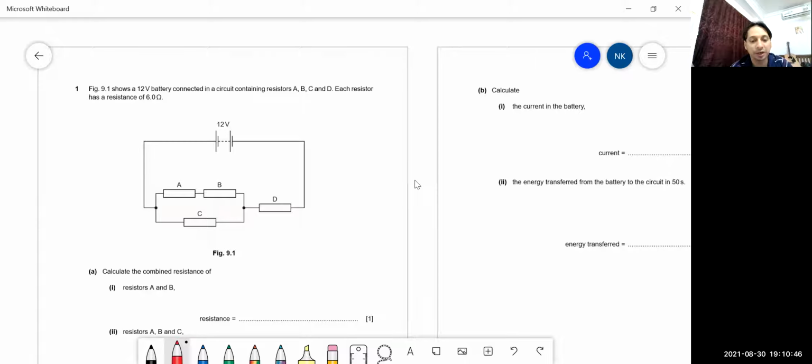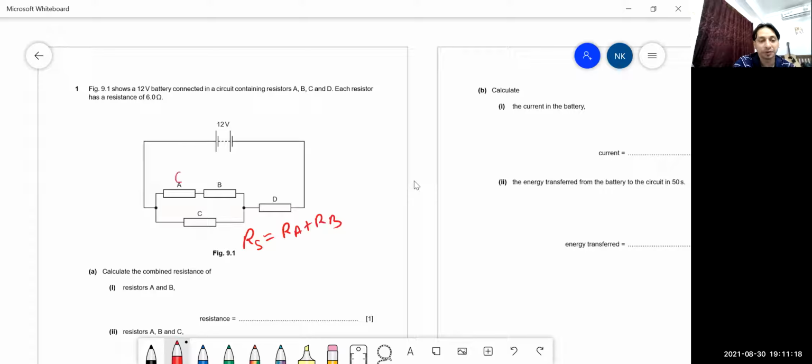If you see the diagram carefully, the resistances A and B are in series. How to calculate the equivalent resistance of a series combination? We have an equation for resistance in series: Rs is equal to Ra plus Rb.